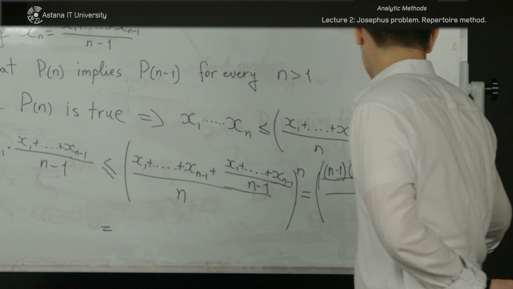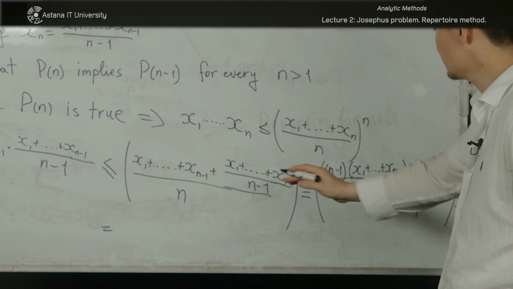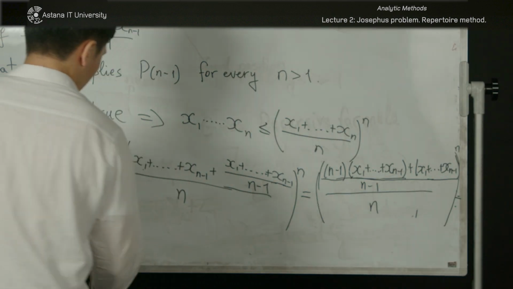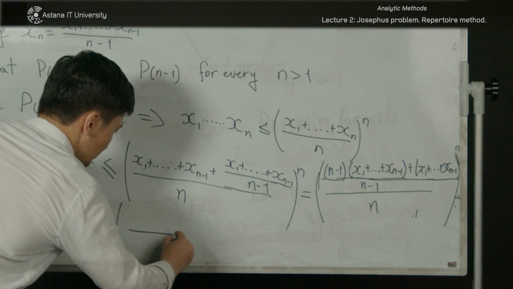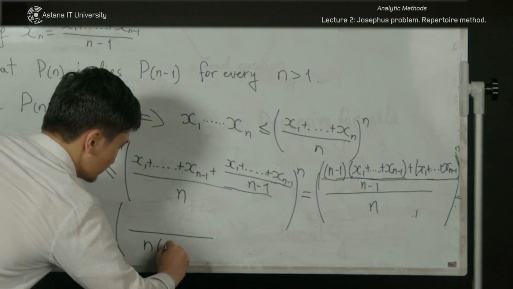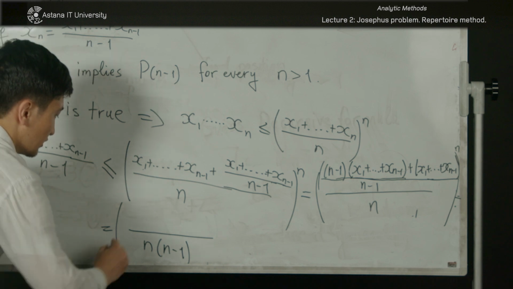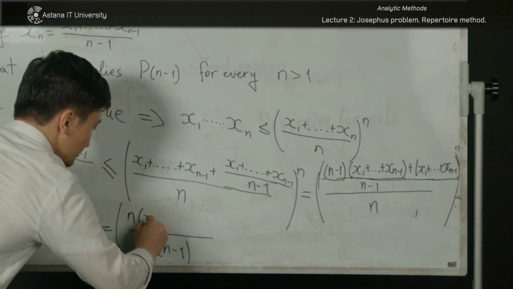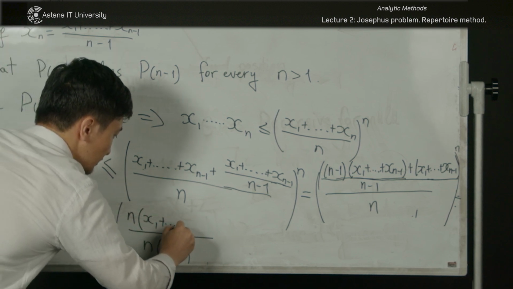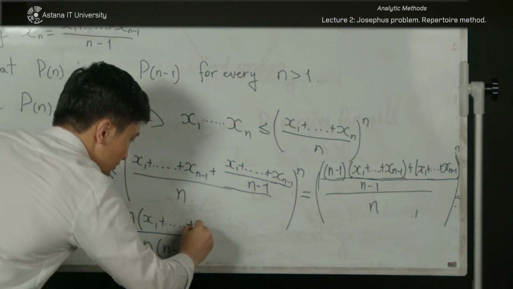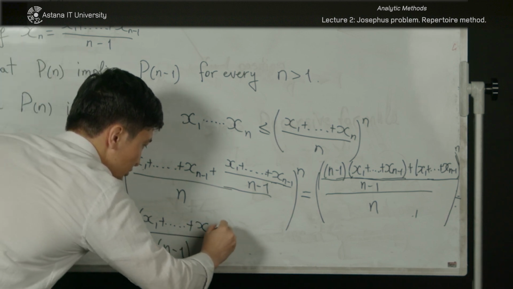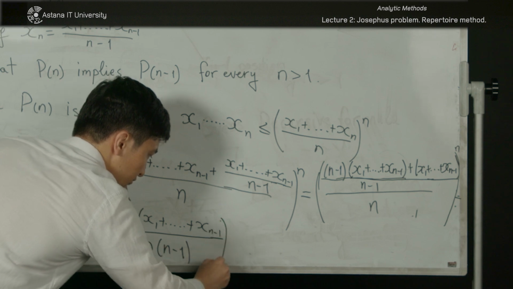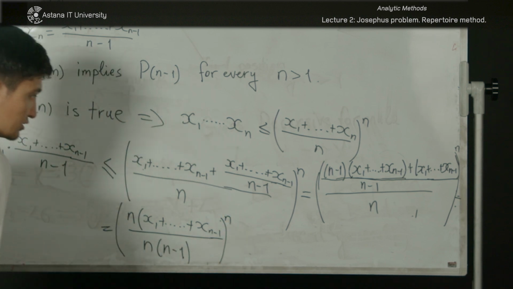Now this is the continuation. This expression n times n minus 1, and over here I will have n times x1 plus until xn minus 1, raised to the power of n.